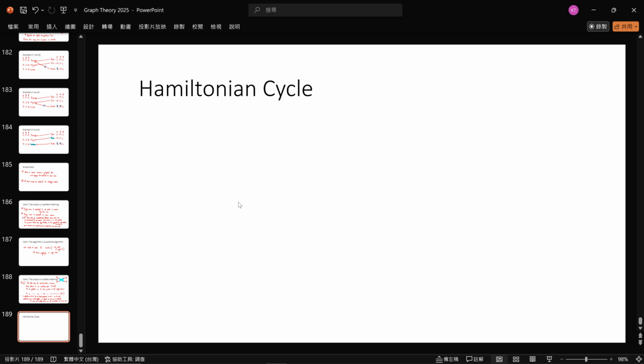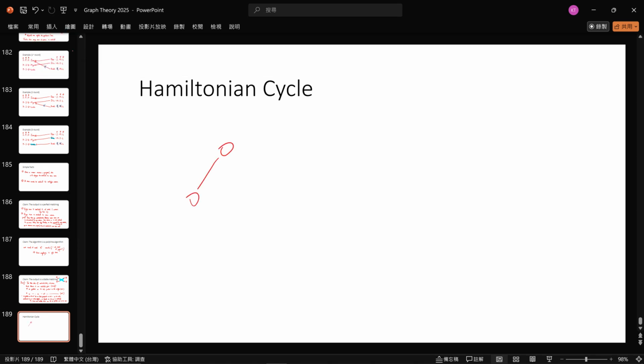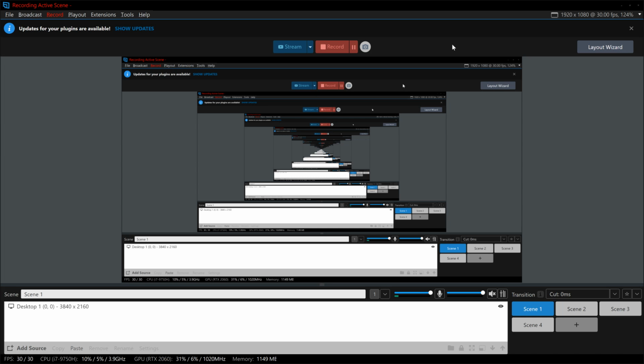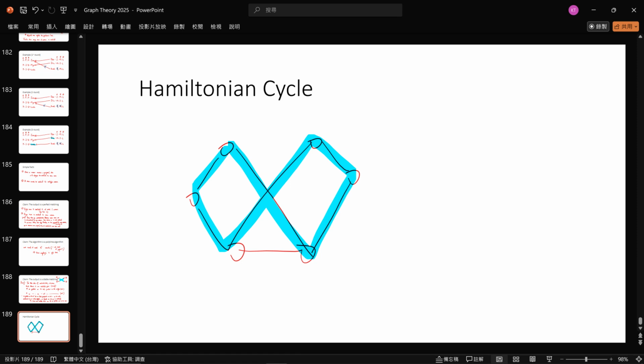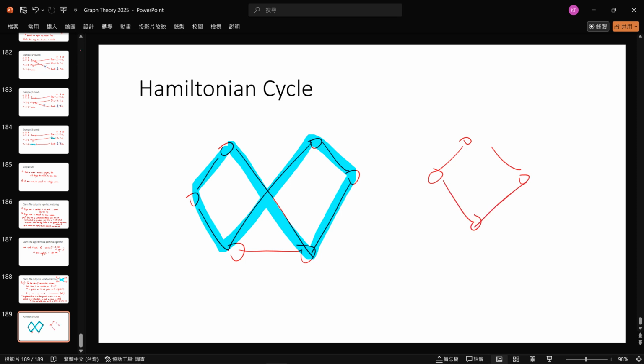For example, this graph contains a Hamiltonian cycle, and this graph does not contain a Hamiltonian cycle.